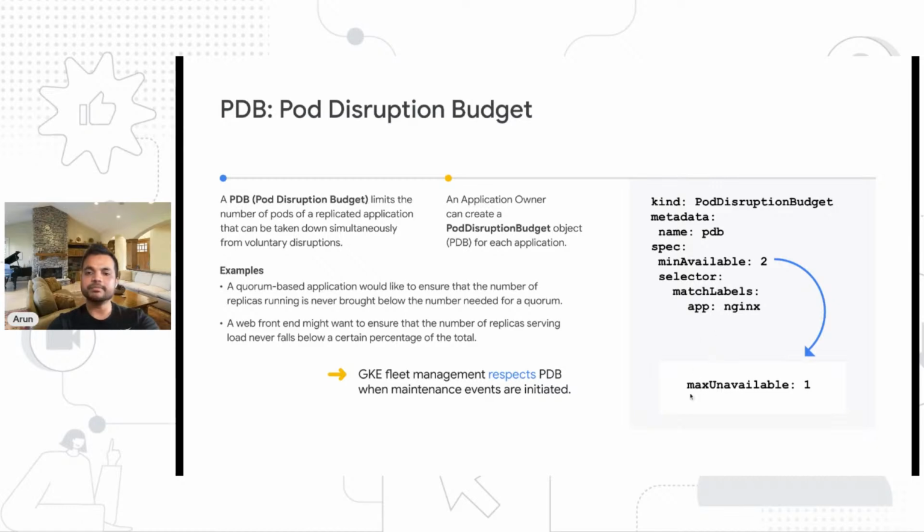Min available and max unavailable in this case mean the same thing. So if you have 3 replicas, you can set minimum available 2 or maximum unavailable 1, interchangeably.